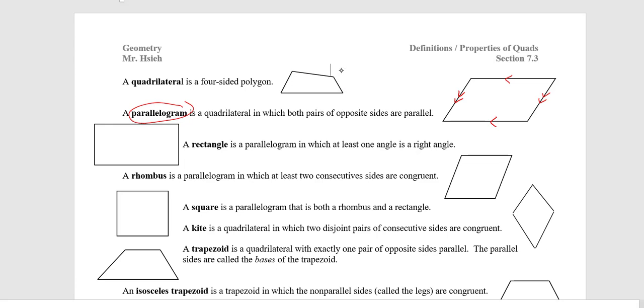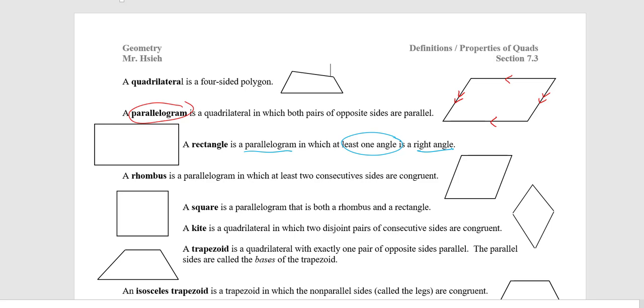Now, the next three are kind of interesting because they're defined in terms of them being parallelograms. So for example, a rectangle is a parallelogram that has at least one angle that's a right angle.